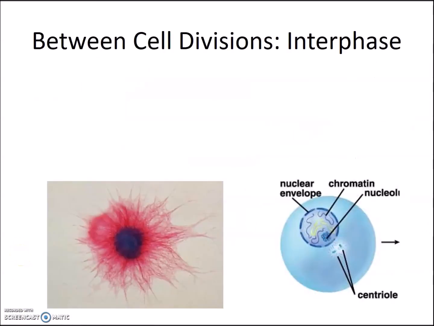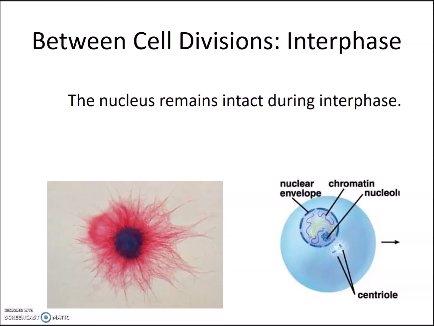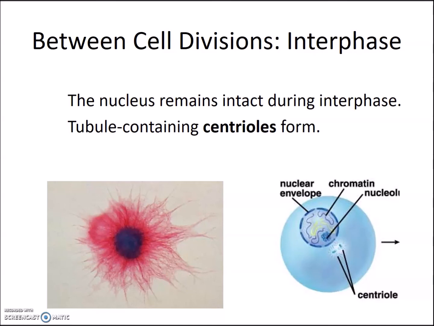Okay, let's take a look at some of the phases in mitosis. First of all, between cell divisions, we call that time period interphase. In interphase, the cell is just doing its normal job, and it's the majority of a cell's life cycle. During interphase, the nucleus stays intact, but there are some tubule-containing centrioles that form.